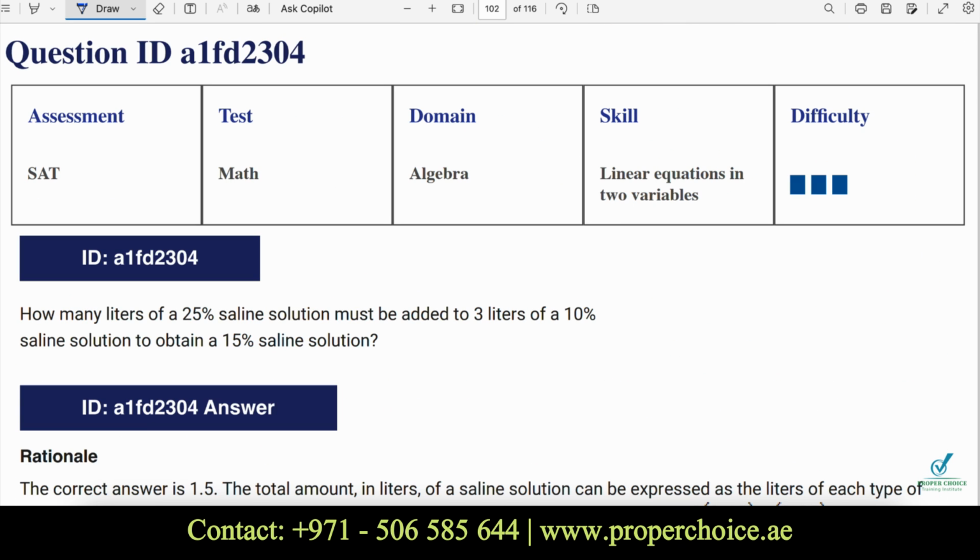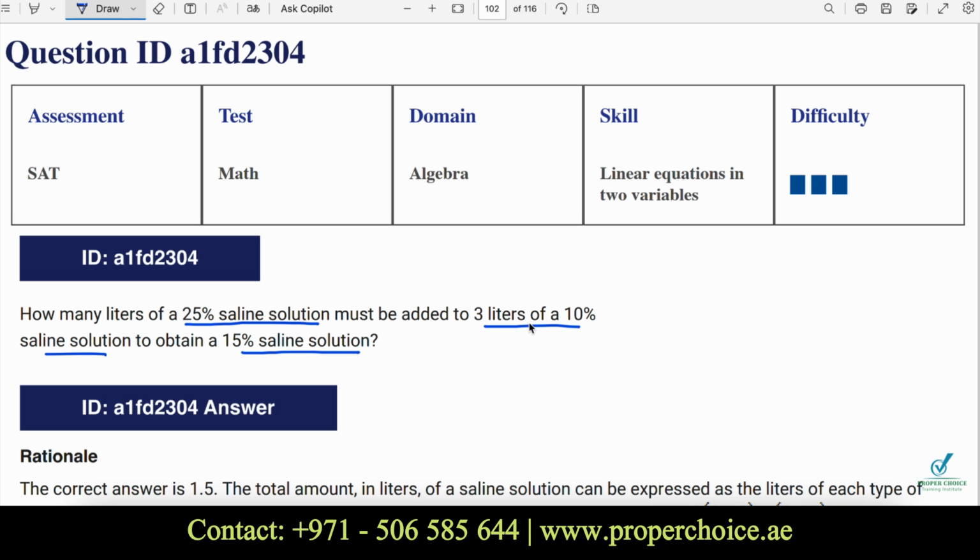This question involves percentages along with creating equations. They say, how many liters of 25% saline solution must be added to 3 liters of 10% saline solution to obtain a 15% saline solution? So we have two types of solutions here. One has 25% saline solution. Another one is 3 liters, of which 10% is saline solution.